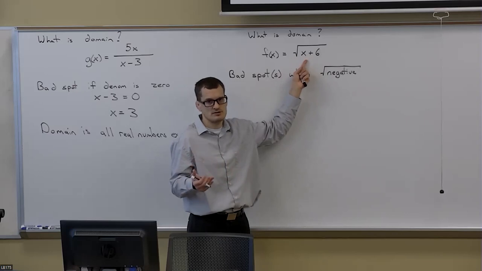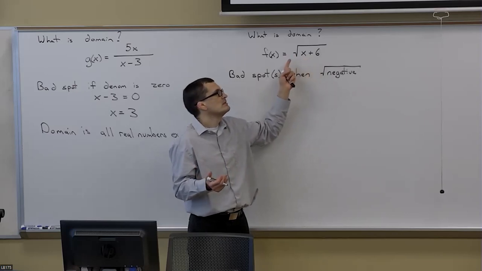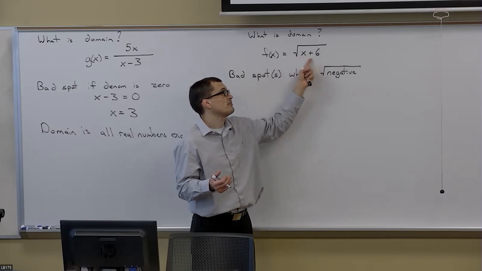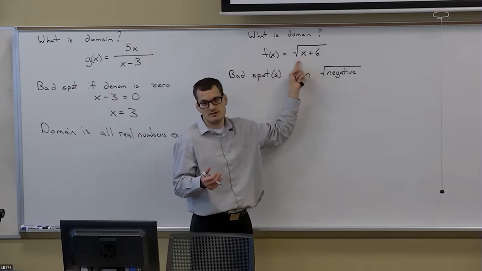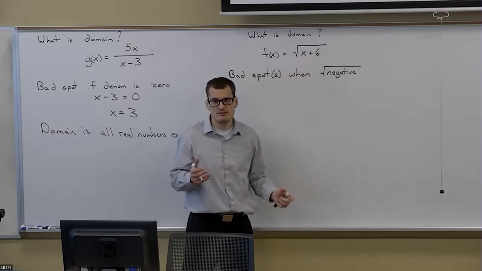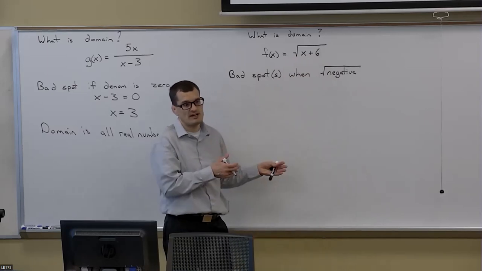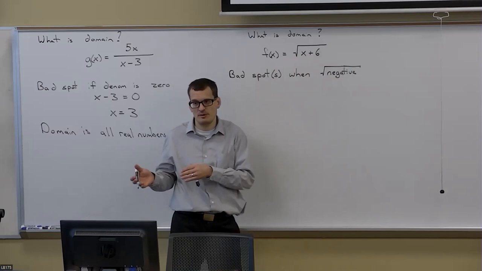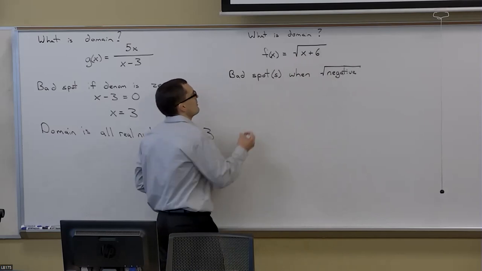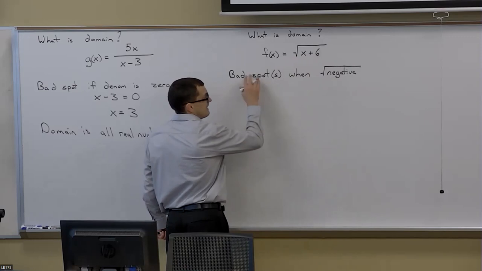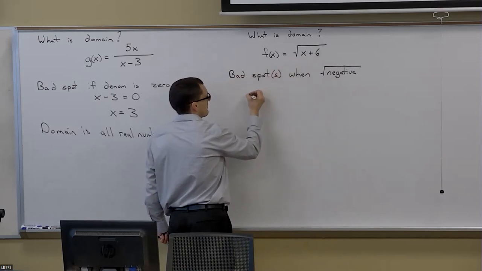It's okay to do the square root of 0. Or I could say the bad spots happen when the thing under the square root is negative. It doesn't matter which way you do it. You can say here's all the bad spots, or here's all the acceptable spots. I'm going to do it in this case with the acceptable spots.